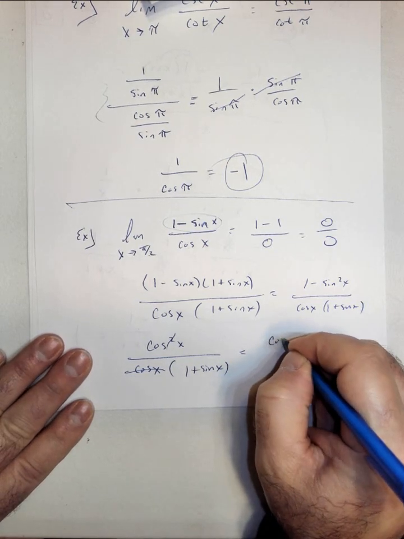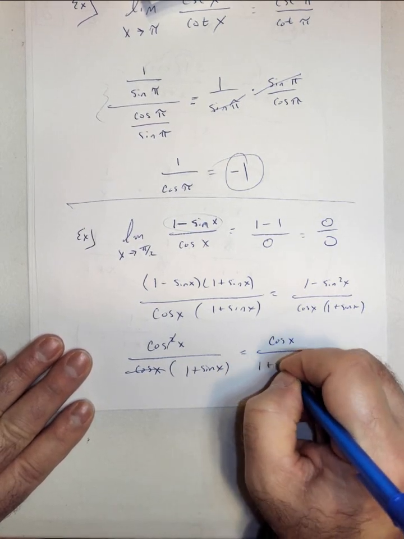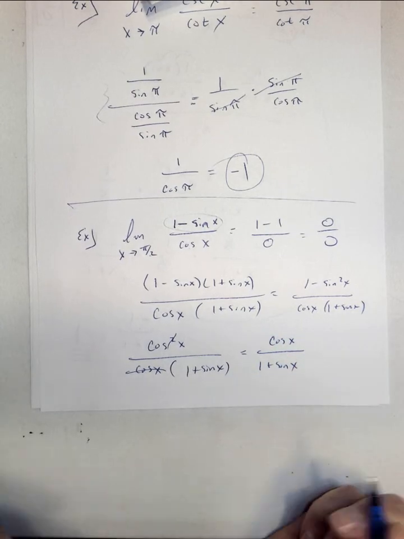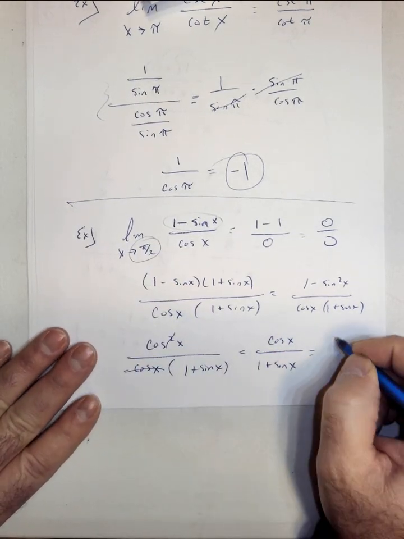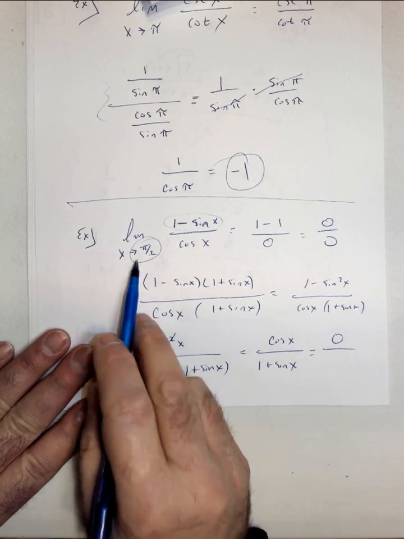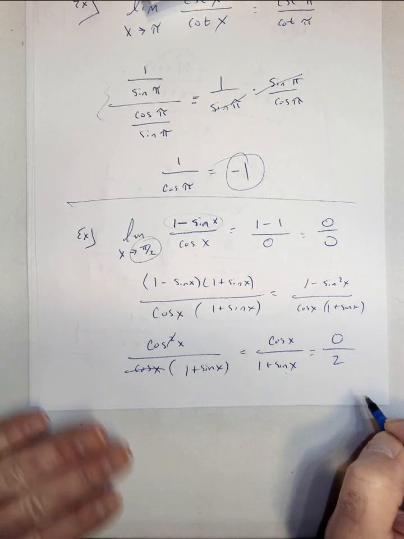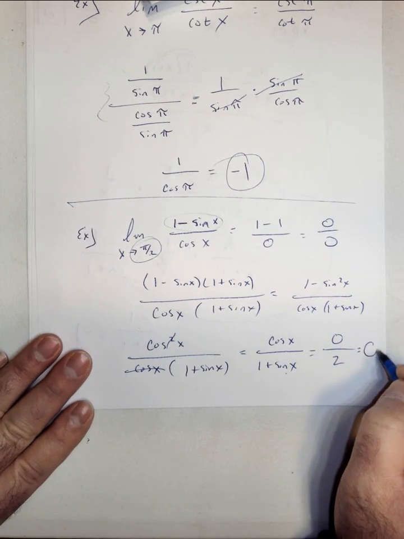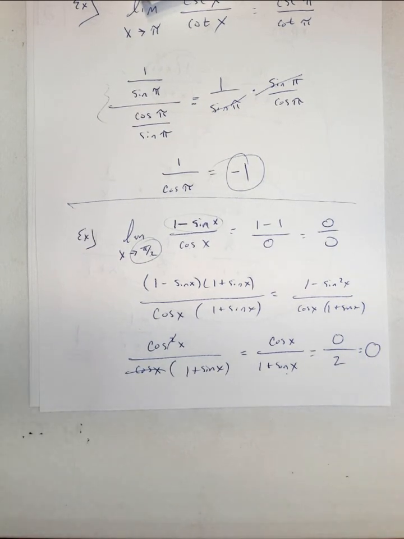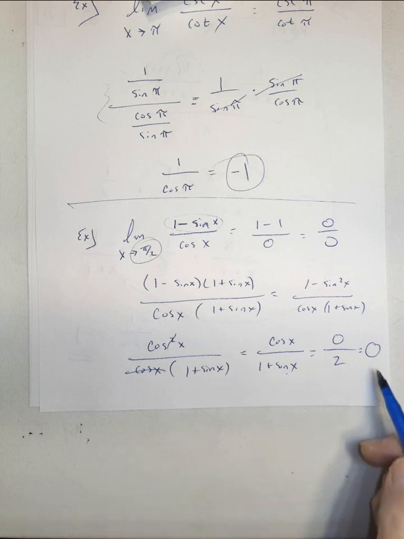So we're left with cosine x over 1 plus sine x, which is an equivalent form. Now we can plug in pi over 2. Cosine of pi over 2 is 0. And the sine of pi over 2 is 1. So we end up with 0 over 2, which is 0. So that is our limit.